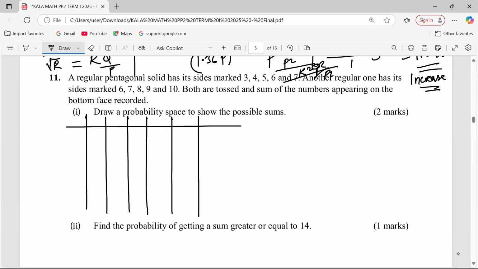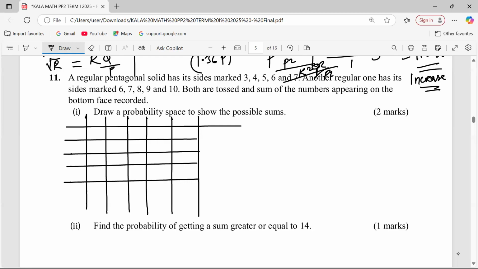The second one is also having 5 of them. So we have 1, 2, 3, 4, 5. Okay. So we can now have the values on the faces indicated.